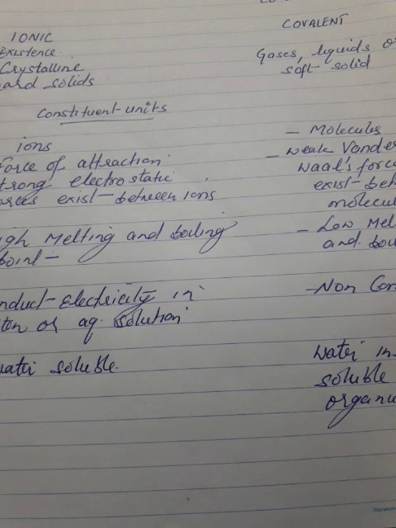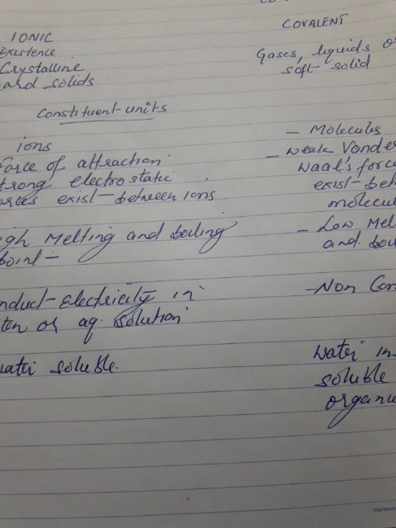Then the second point, constituent units. Electrovalent compounds are formed of an aggregate of ions, cations and anions, whereas covalent compounds consist of molecules.